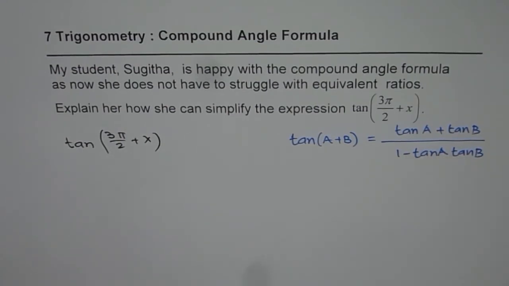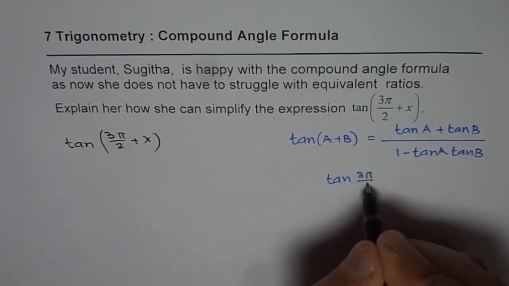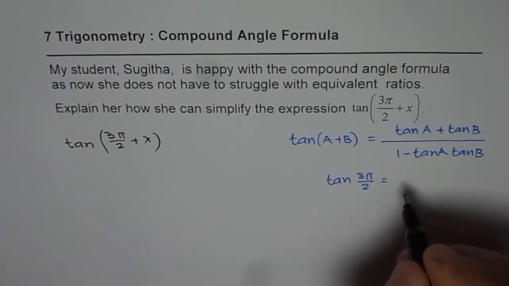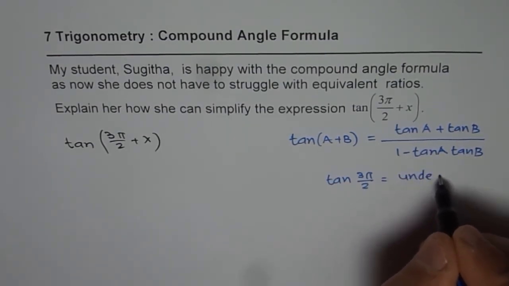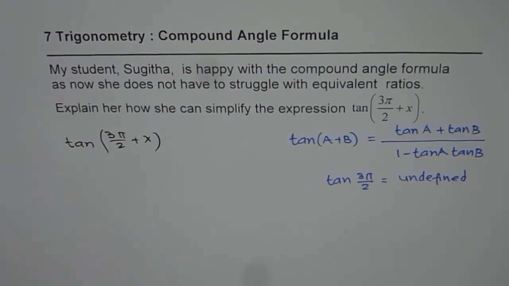That is the compound angle formula. Now, what is tan of 3 pi by 2? Tan of 3 pi by 2 is undefined. Since tan of 3 pi by 2 is undefined, you cannot actually use this formula and simplify this expression with the help of the compound angle formula, right?